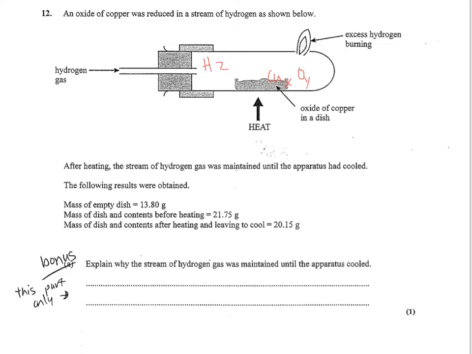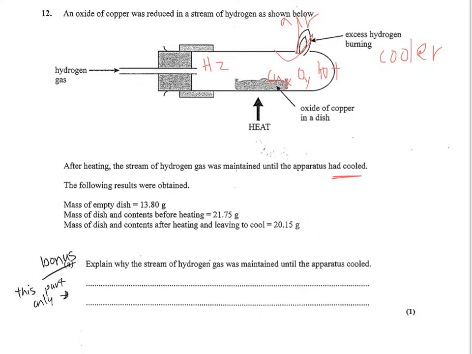It says after heating, the stream of hydrogen gas was maintained until the apparatus had cooled. And so the bonus question down here says, explain why that was done. Well, because this is hot in here, and this is cooler outside. As this cools down, if you don't continue to funnel the hydrogen through here, then the pressure in here is going to drop, and you would have air along with oxygen re-entering this container.